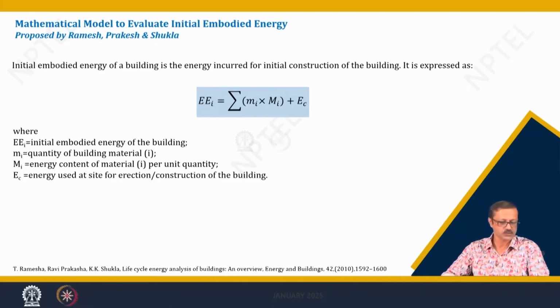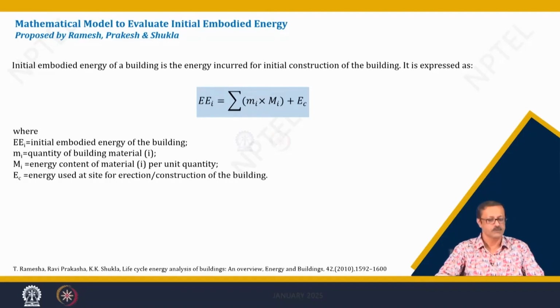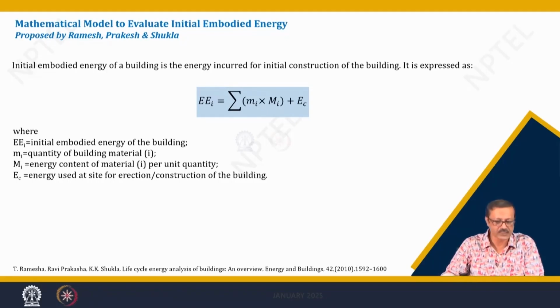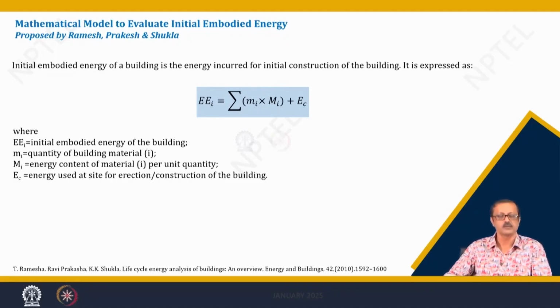Ramesh, Prakash and Shukla's paper, they have also proposed another very simple way of calculating the embodied energy, a very simple mathematical model where the initial embodied energy is nothing but the summation over the ith material of two factors, small m i multiplied by capital M i.